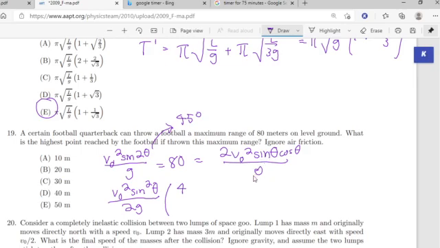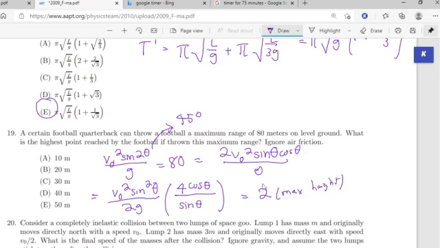You have to multiply it by 4 over sine theta, but then cosine theta. Wait, let's see. Okay, so then this should be sine theta cosine theta. Yeah, that would be 2 sine theta cosine theta over g. Yeah, okay, so I'm gonna have to multiply it by this, and well, this is root 2 over 2, this is root 2 over 2. So we then get that this is equal to 2 times max height.